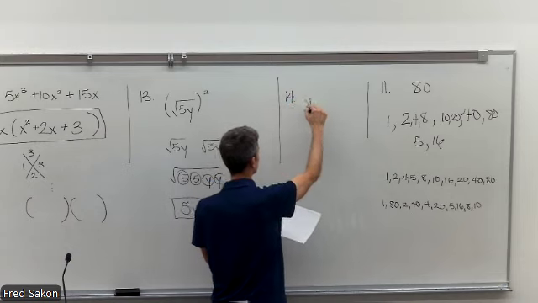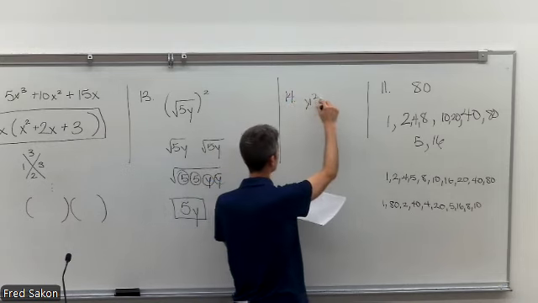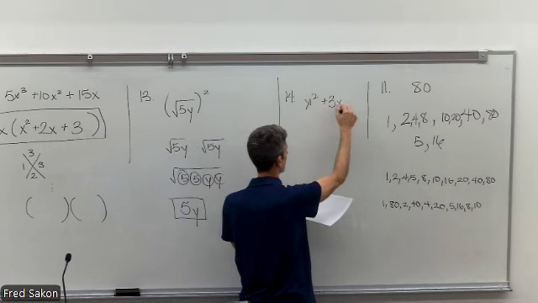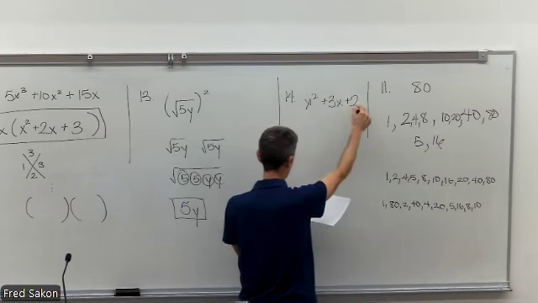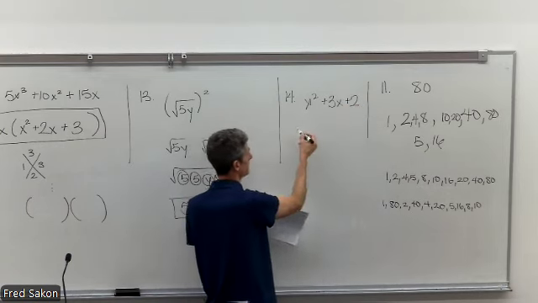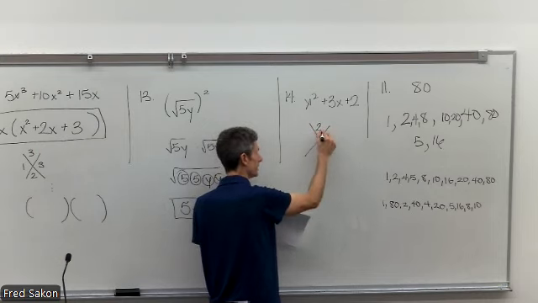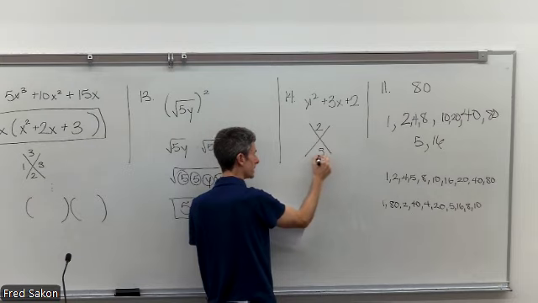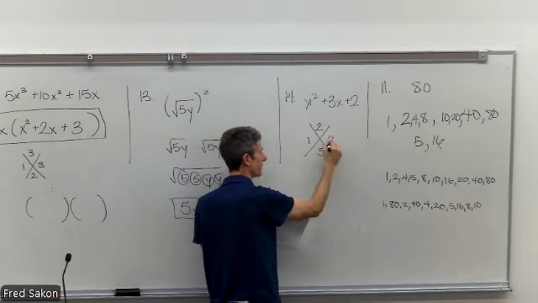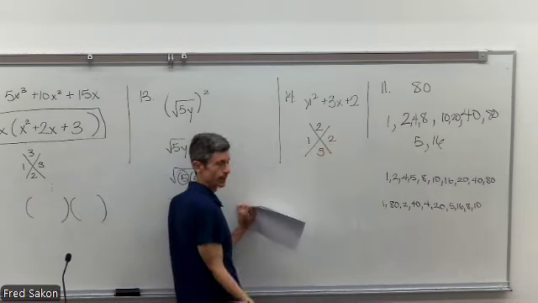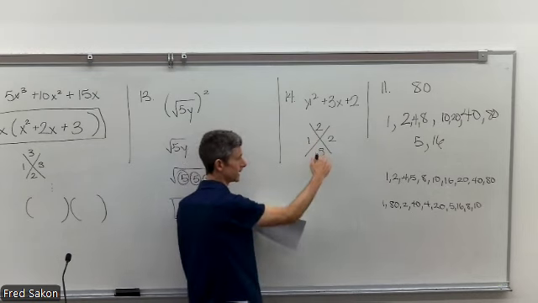Number 14. We're to factor x squared plus 3x plus 2. And that is looking for multiples of 2 that add to positive 3. 2 can only be gotten by 1 times 2. And that does add to 3.